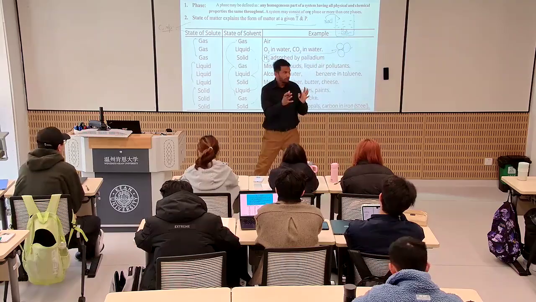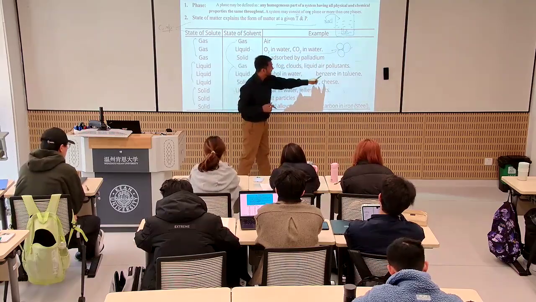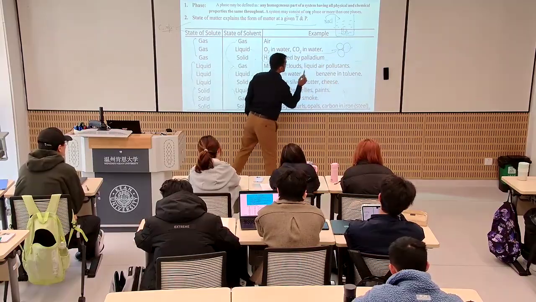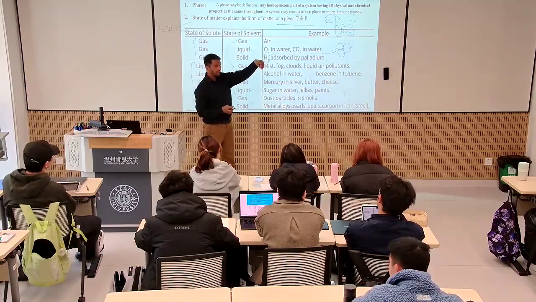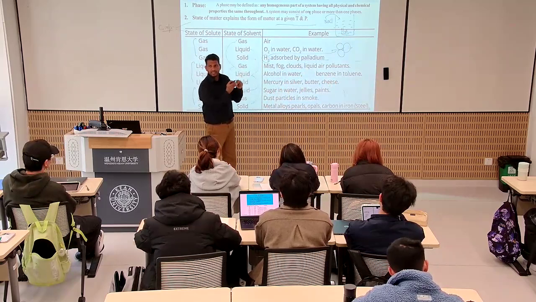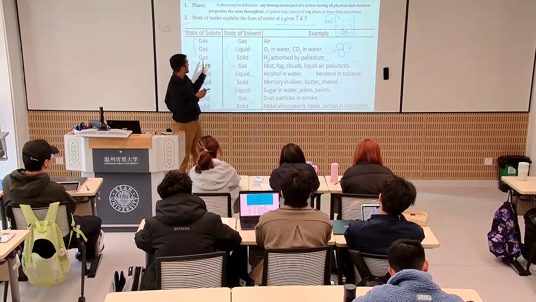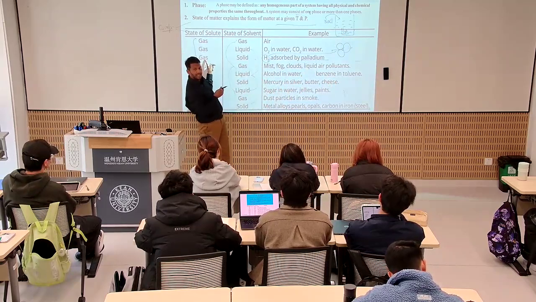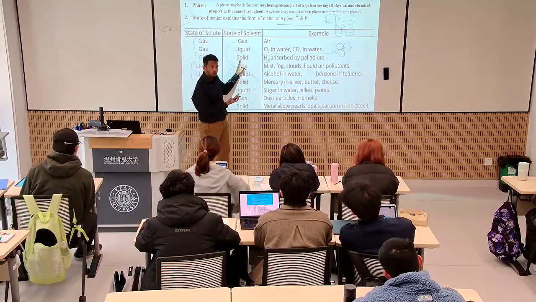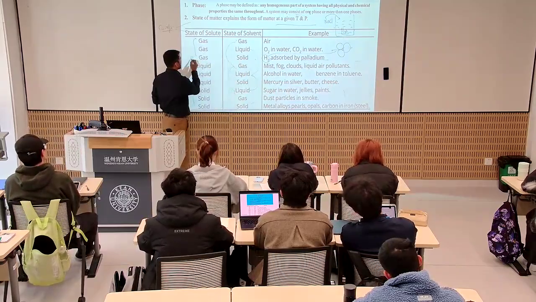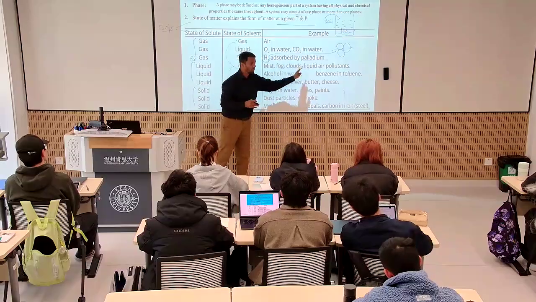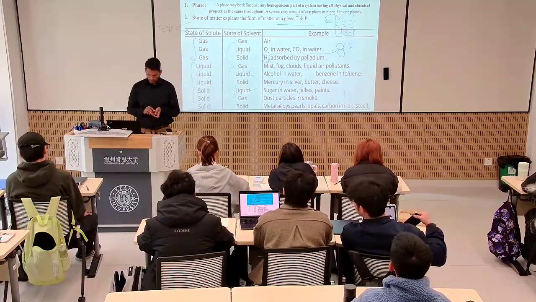If we put hydrogen in this metal, hydrogen is homogeneously mixed inside the spaces. So palladium is the solvent and hydrogen is the gas. It is hydrogen absorbed by palladium. It is a solution.